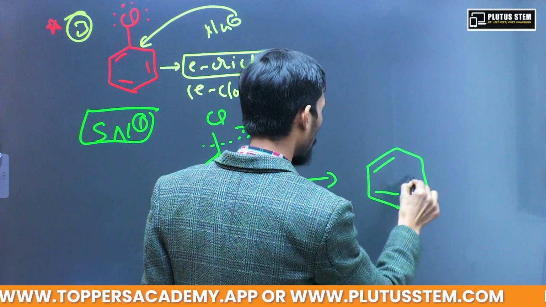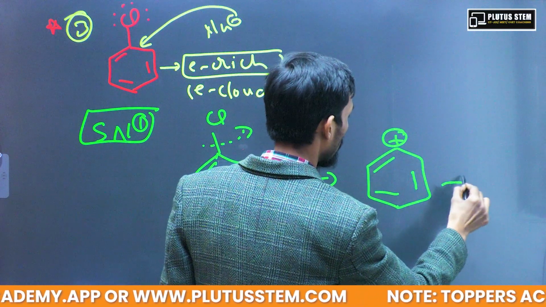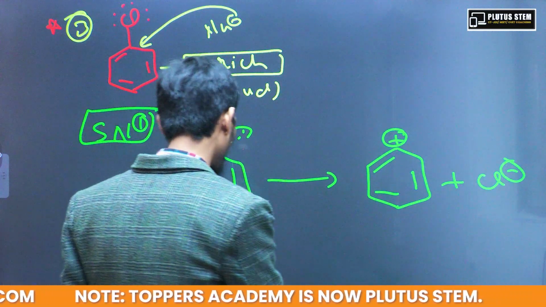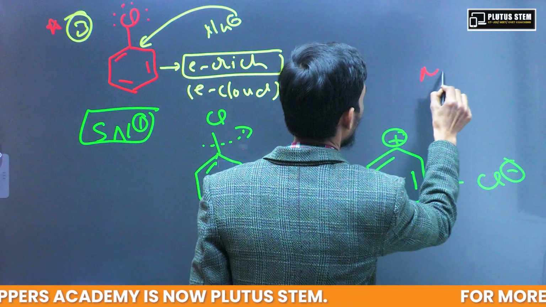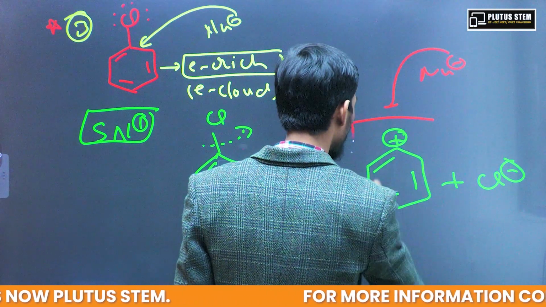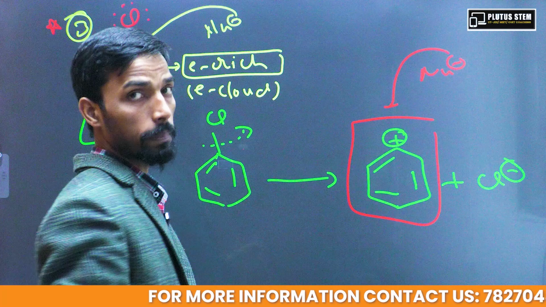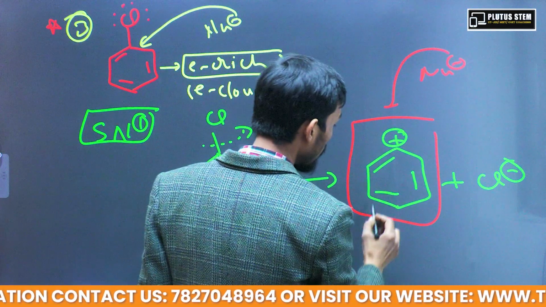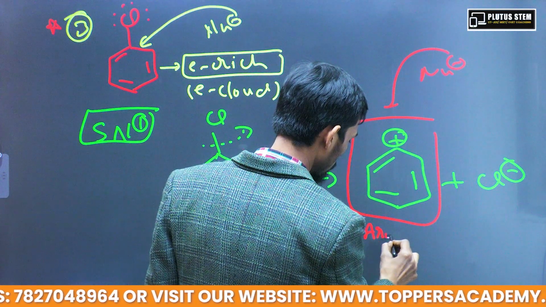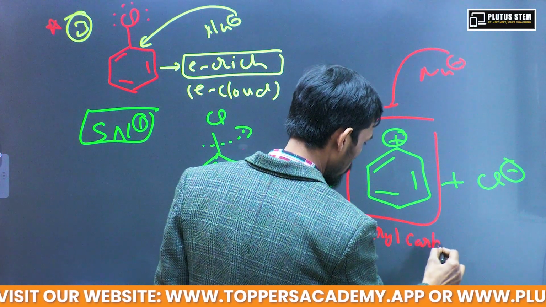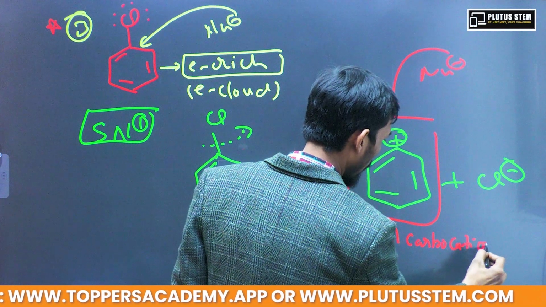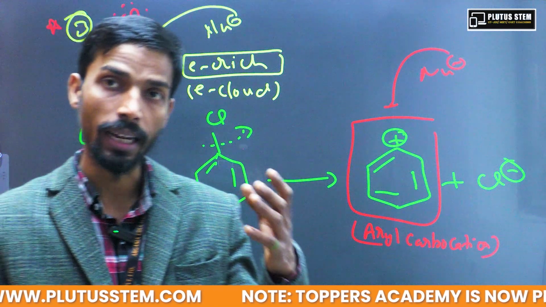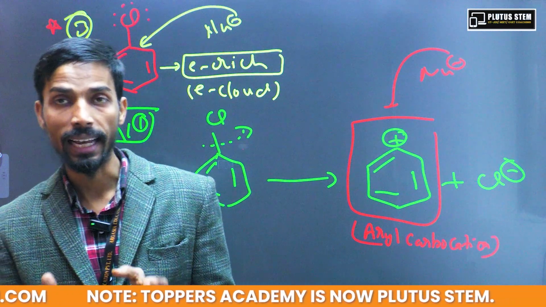If this bond is broken, we get C positive and Cl negative, and then the nucleophile comes and attacks. But here, this is an aryl carbocation, and we know that aryl carbocations and vinyl carbocations are less stable.